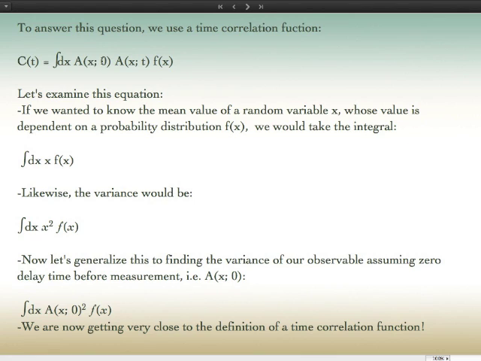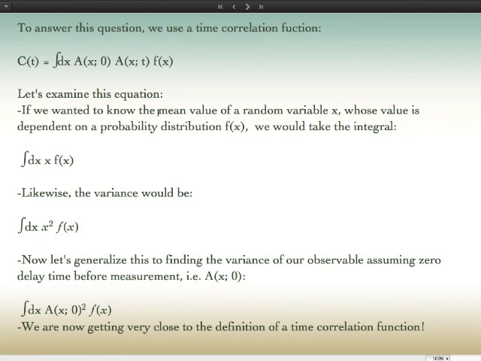And t here is the delay that we wait before we make the measurements. So if we set t equal to 0, that means an instantaneous measurement. So if we measure it once right away, and then measure it again with a delay time t, that's what these two measurements are. And then it's multiplied by f of x. So f of x is just the probability distribution function of our random variable x.